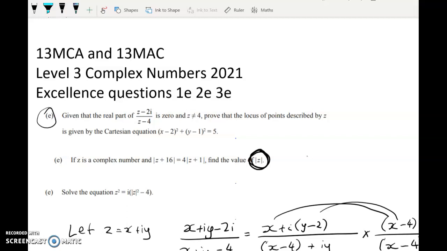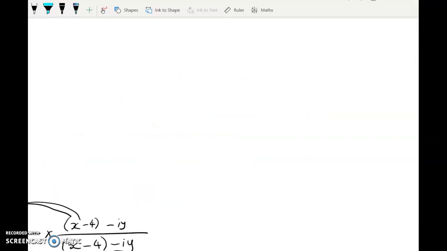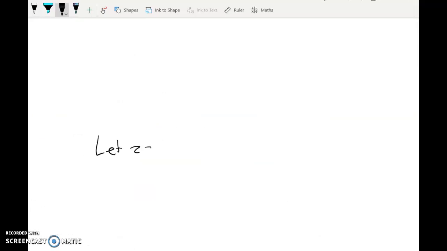Now the last question is probably the trickiest of the three, but it's not too bad. We're going to solve this equation here. And so again, we're going to start by letting z equal x plus iy. We're going to substitute, and we're going to hope that a bunch of stuff vanishes. So thinking about what we've got here, we know that the modulus of z is equal to this.